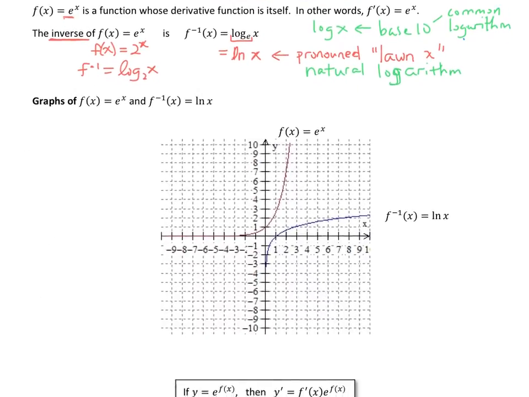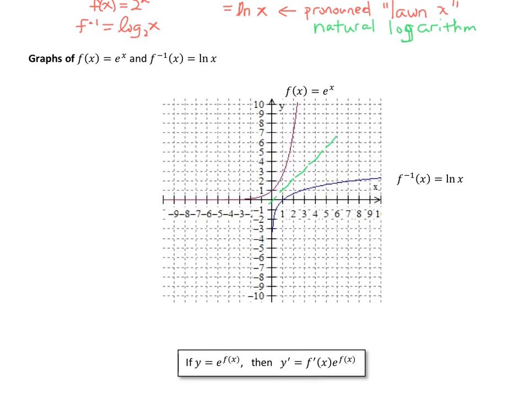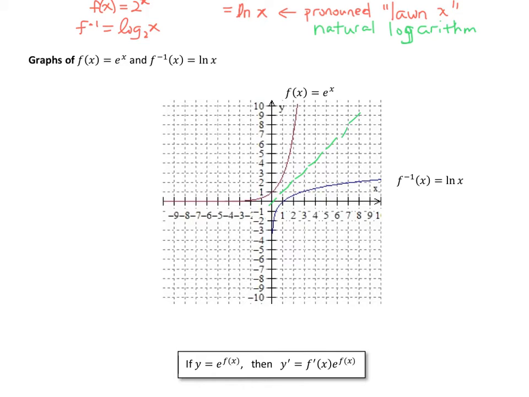So I have my graph of e to the x, my exponential function, and then if I were to sketch that y equals x line here, remember, the one is the reflection of the other. So this is just the graph of ln x. You'll see it looks very much like the logarithm function, because it really is a logarithm function. It's just a special logarithm function.